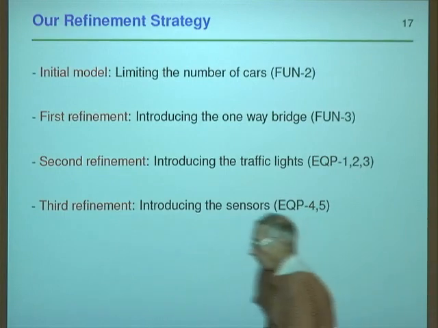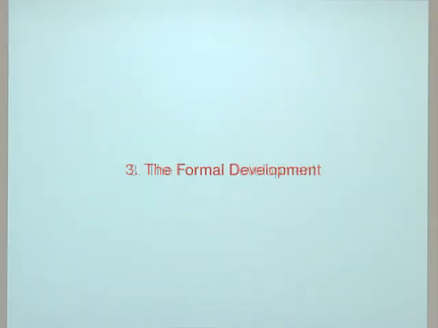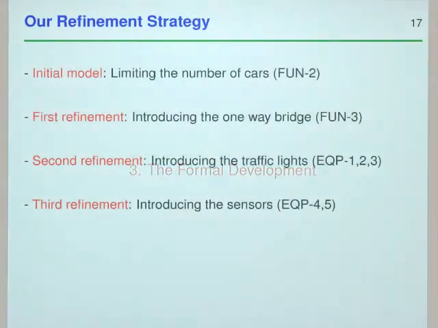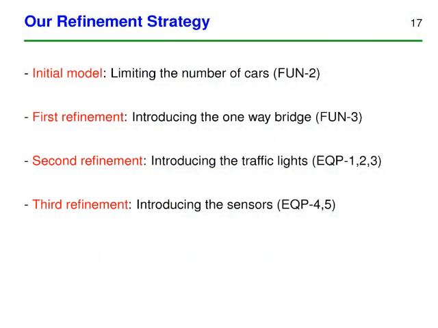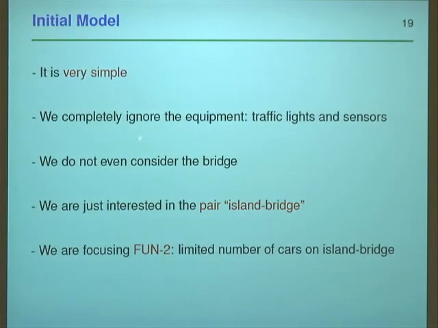So let me now enter the formal development, our initial model: limiting the number of cars, fun2. As usual in abstraction, this model is extremely simple, extremely abstract. We completely ignore the equipment. We do not even consider the bridge, so there is no bridge.